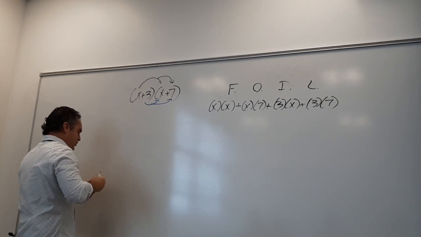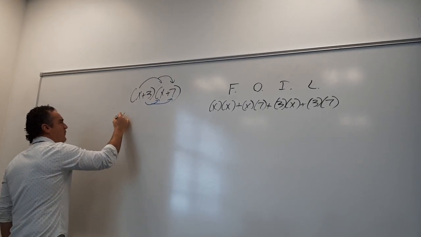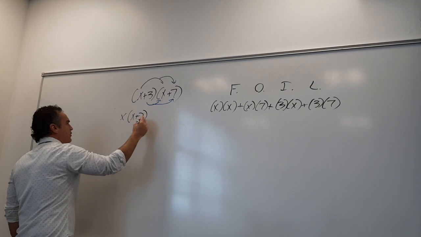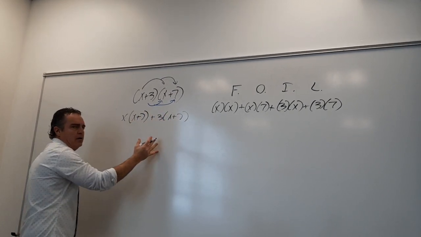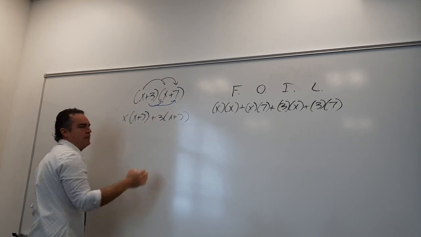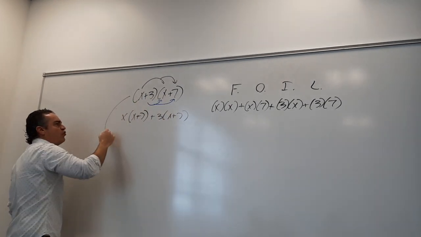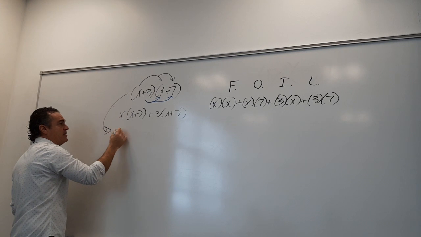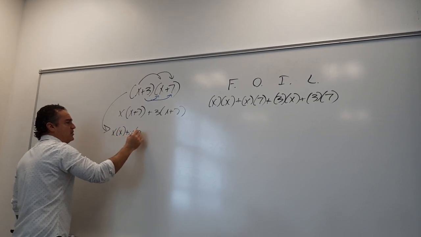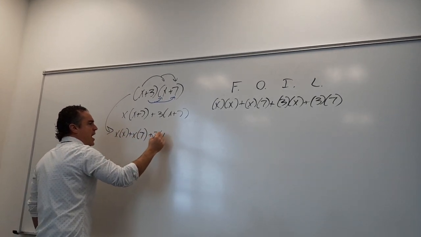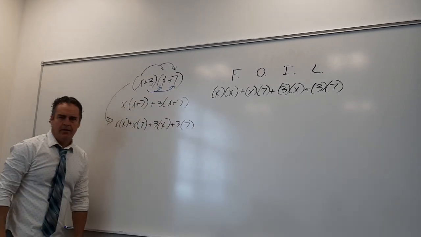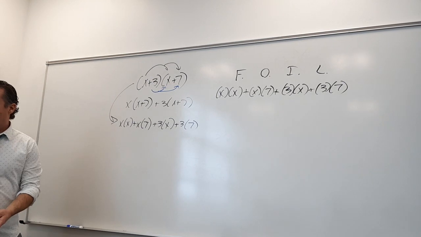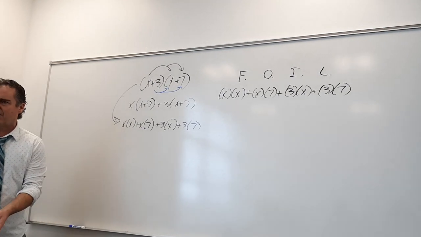So I have x times x plus 7, you don't need to write that step, plus 3 times x plus 7. I'm taking x times this parentheses and 3 times this parentheses. If you want to go straight to the next step, you can: x times x plus x times 7 plus 3 times x plus 3 times 7. So you could do it either way. Everything in the first parentheses goes to everything in the second parentheses.